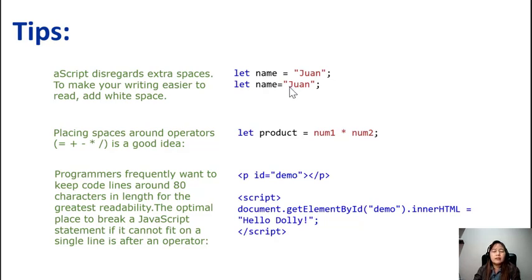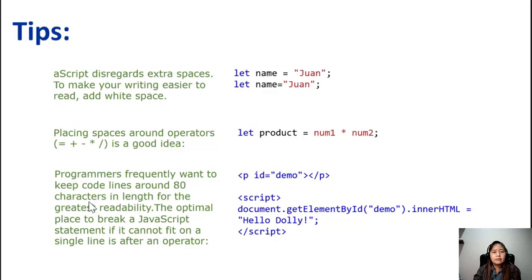But it's going to be a better way of writing programs in JavaScript if you add white space. So please just add white spaces. It will also be a lot easier to understand and to debug. Now, placing spaces around operators is also a good idea, and again, it's not required, but please do it.